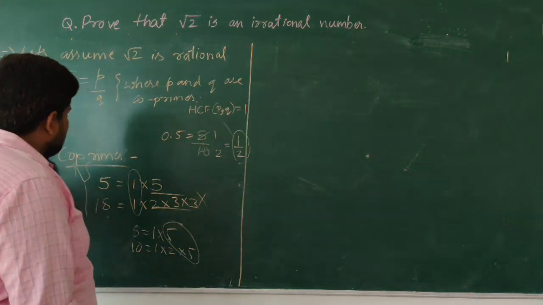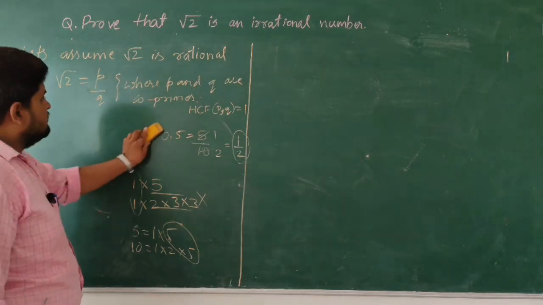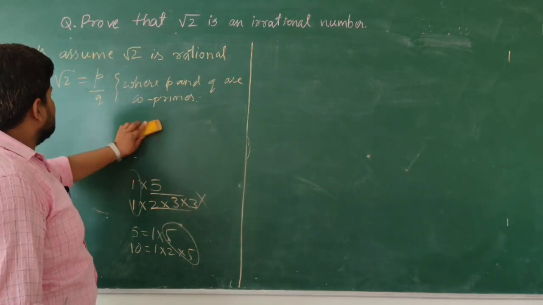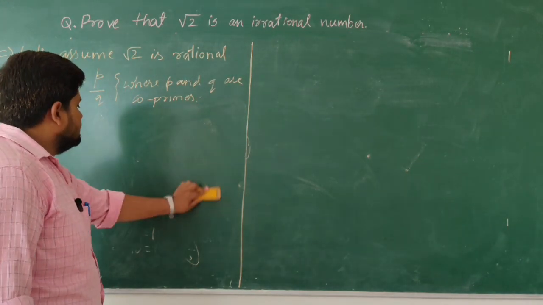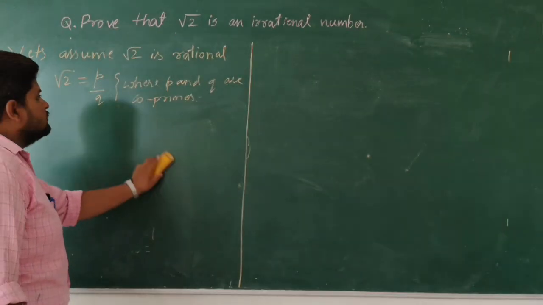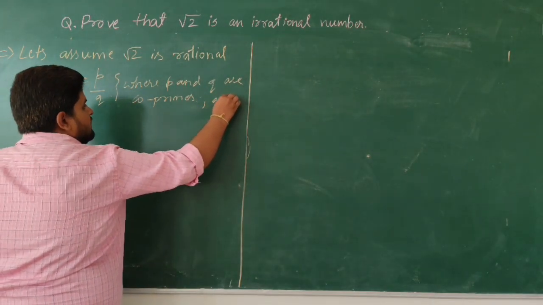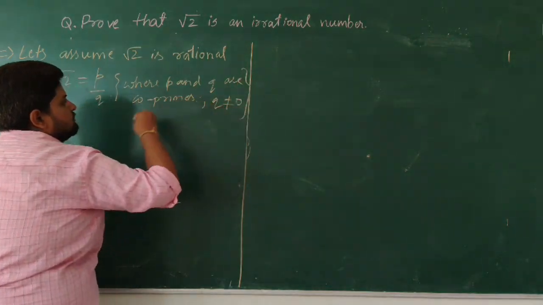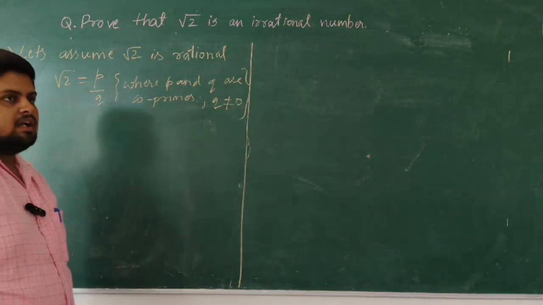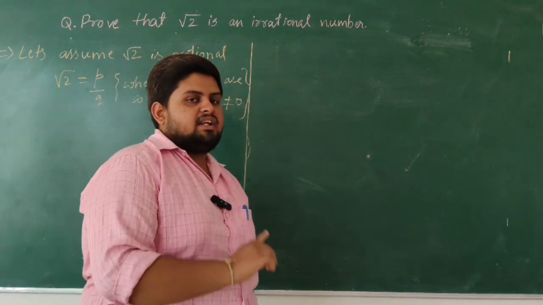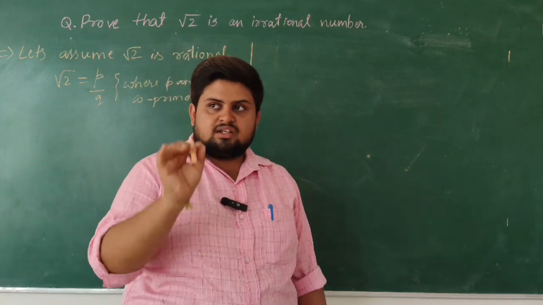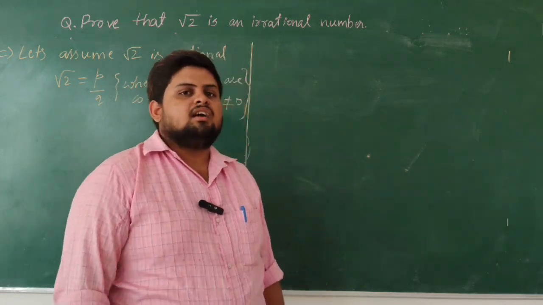So here in this example, we are going to consider square root of 2 is equal to p by q, where p and q are co-primes and q is not equal to 0. It is necessary to mention this condition whenever you are assuming something which is not given in the question.